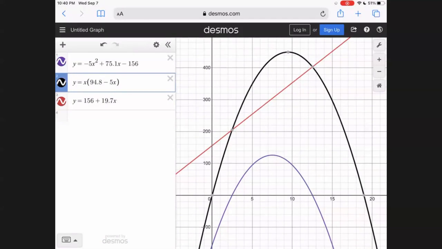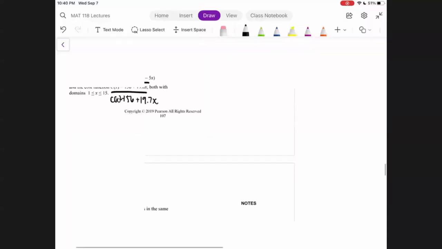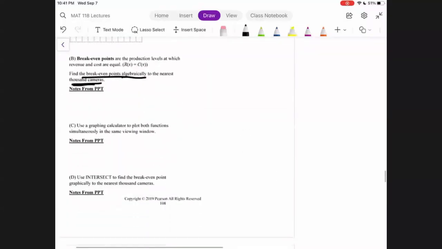When they have break-even points, that's when the profit is 0. So that's the whole connection here. Your break-even analysis, you're looking for where revenue equals cost. That's when your profit is 0. So between those two break-even points, your profit would be positive. Outside of it would be negative. Okay. And pretty much this is what this last example wants you to do.